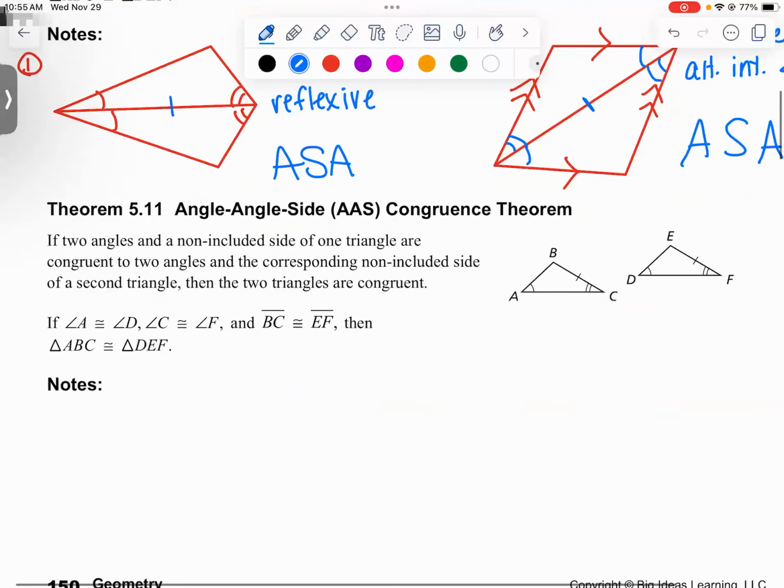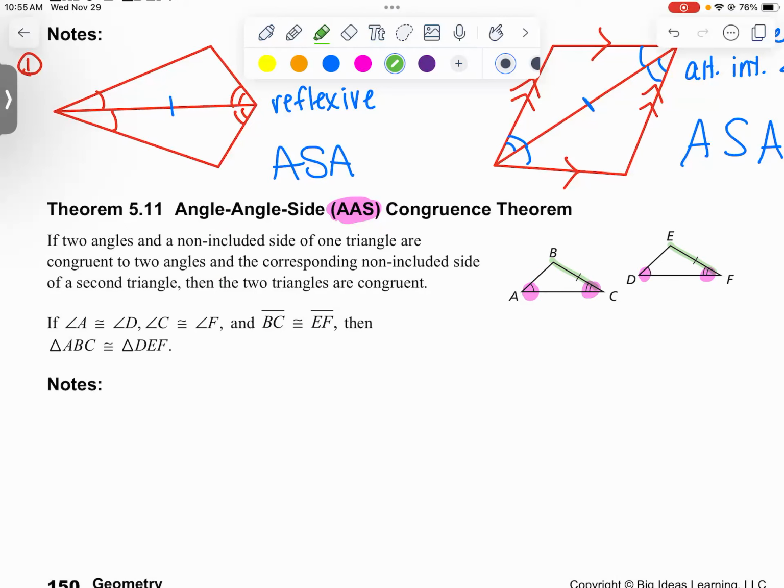Okay, now we also have angle, angle, side, where we have two pairs of congruent angles and a pair of congruent sides that is not in between. So we can have angle, side, angle, or we can have angle, angle, side.